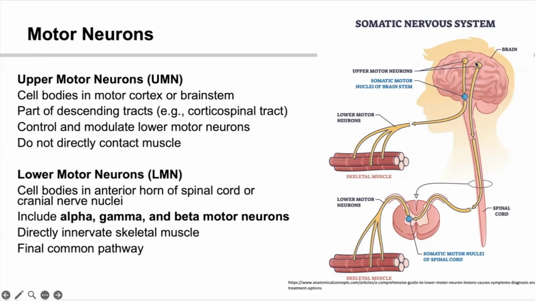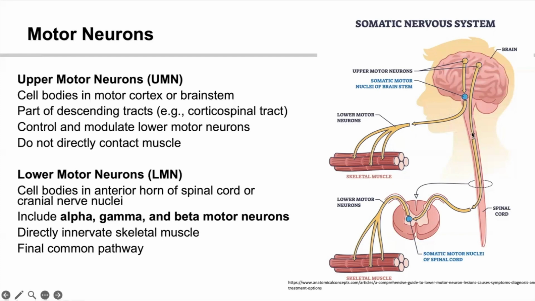Motor neurons that carry information from the cerebrum or brainstem, and then pass it sometimes to the spinal cord, are upper motor neurons. And when it goes to the spinal cord or directly into the skeletal muscles, they are known as lower motor neurons.